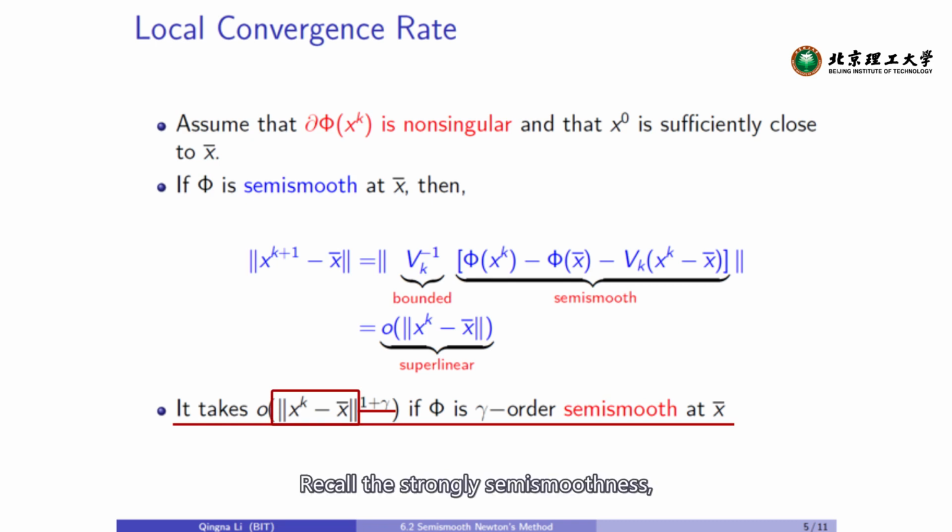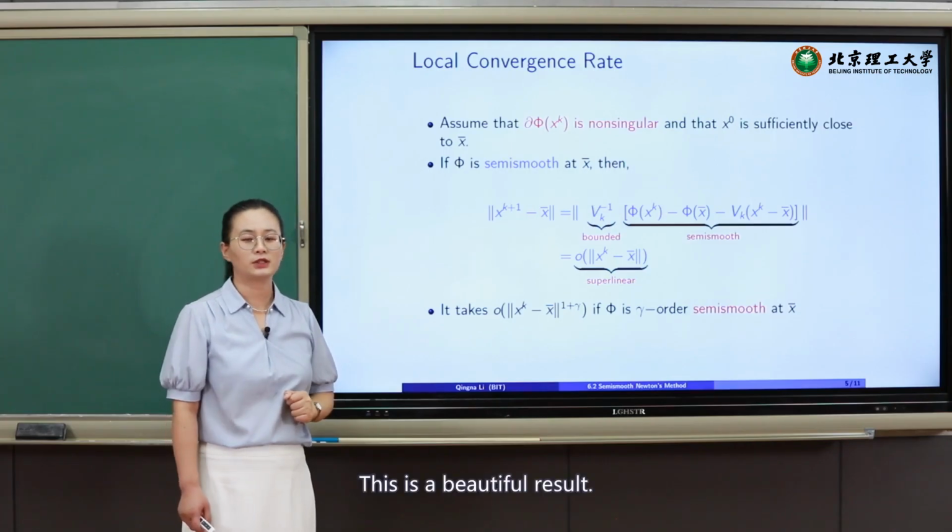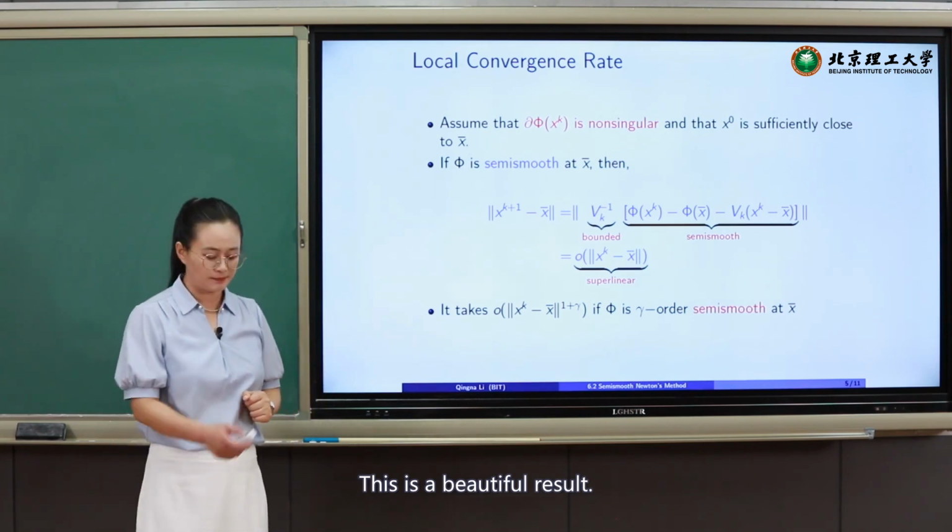So recall strong semi-smoothness, which corresponds to gamma equals 1. If phi is strongly semi-smooth, then the order here will be 2. In other words, the convergence rate will be quadratic. Okay? So this is a beautiful result.